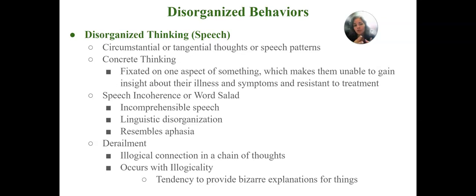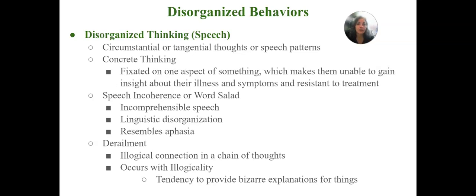And so unfortunately, when they have this disorganized thinking, it makes them really resistant to treatment because they're not able to kind of separate themselves and recognize that these are voices inside my head, or these thoughts aren't logical or reasonable. And so it becomes a little bit challenging to kind of help ground them and find the logic.